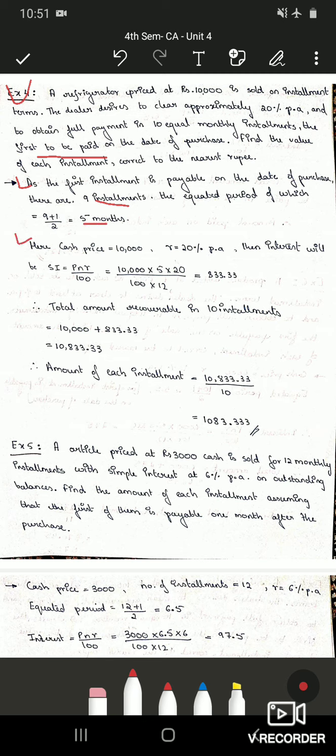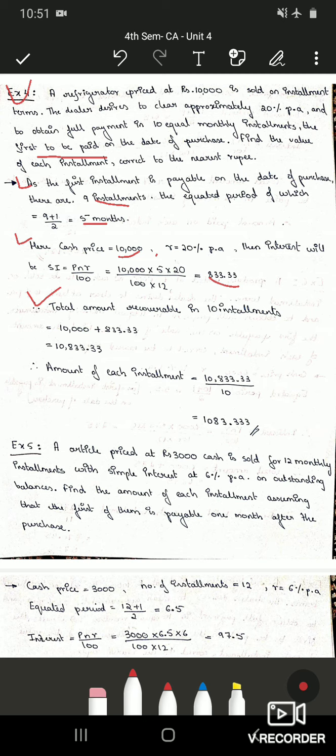Here they have given the cash price which is 10,000, the rate is given, then you can calculate interest. So you have to calculate interest on the cash price itself, because there is no down payment given. So the cash price is your principal amount, so principal into rate, which is 20%, and equated period n is 5, divided by 100 into 12. So interest will be 833.33 rupees.